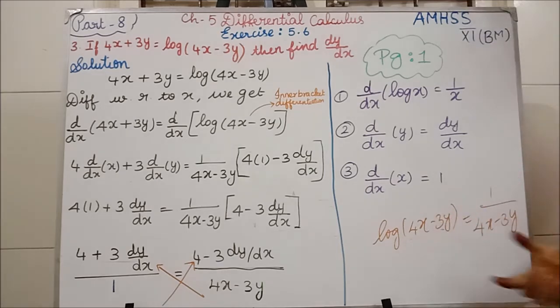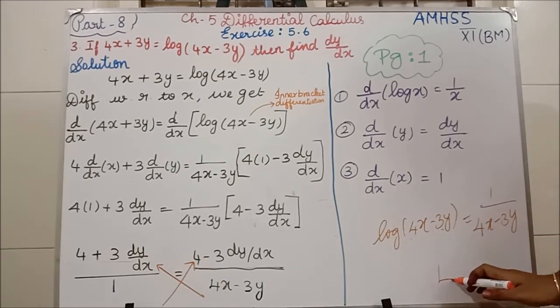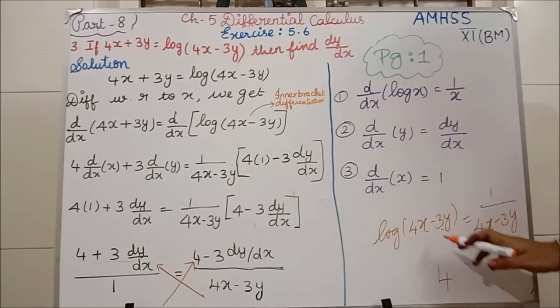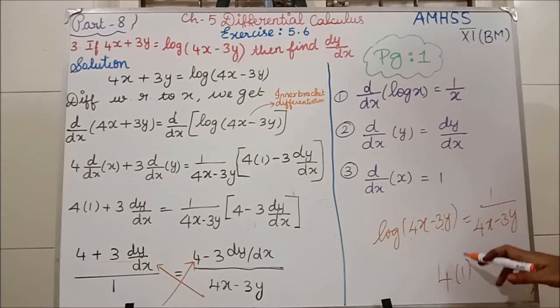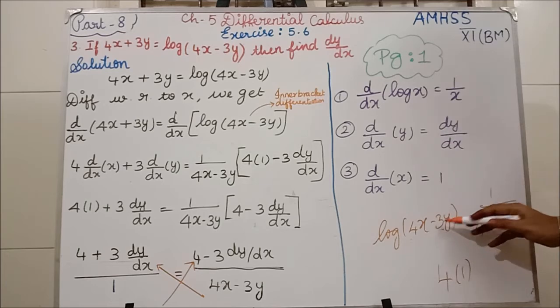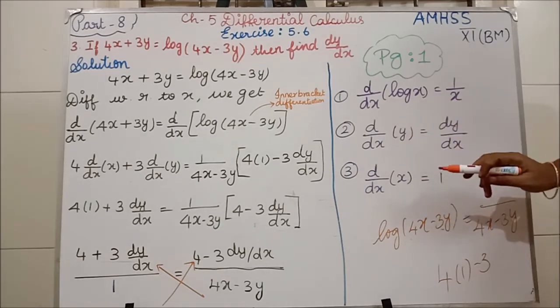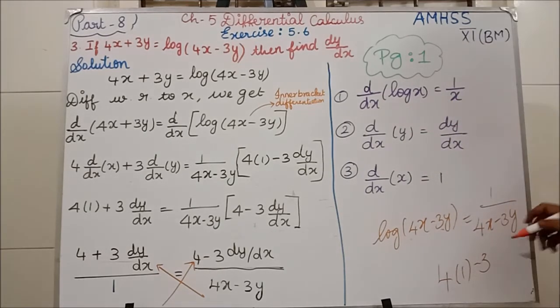So the inner bracket you have to differentiate. 4 is a constant, and if you differentiate x you get 1: d by dx of x is 1. Similarly, y is constant-multiplied, so keep the 3 outside, and if you differentiate y, you get dy by dx. Clear, students?